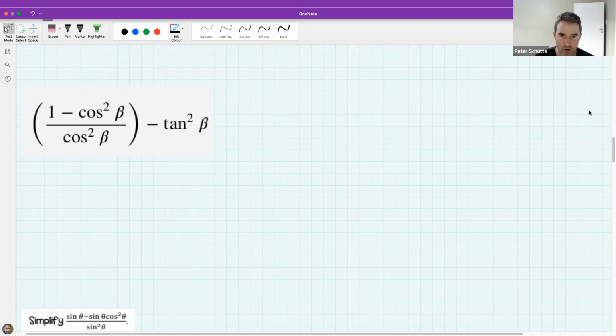What do we think the first step is going to be? What do we think about strategy? I think the first step is going to be to handle this thing over here and to realize that it can be rewritten. And I think it can be rewritten as sine squared beta.